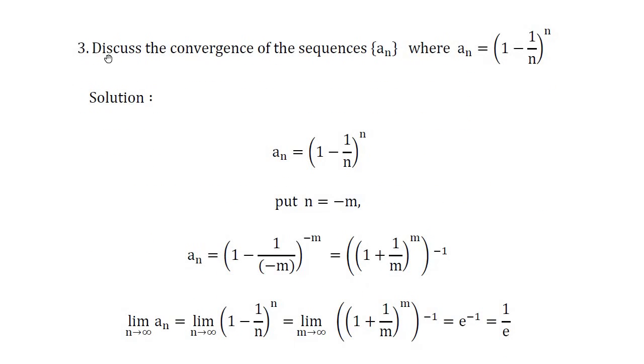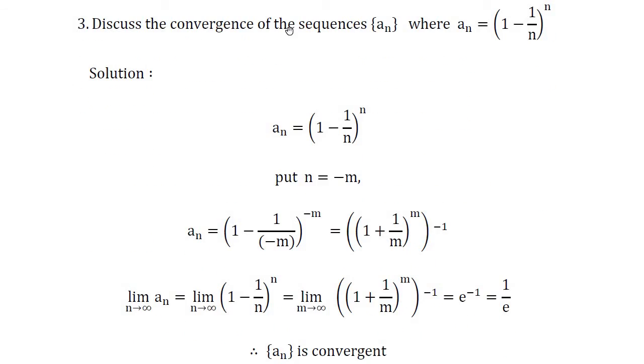Next one, discuss the convergence of the sequence an where an is equal to (1 minus 1 by n) whole power n. We know the value of limit of (1 plus 1 by n) whole power n, but here we have (1 minus 1 by n) whole power n.